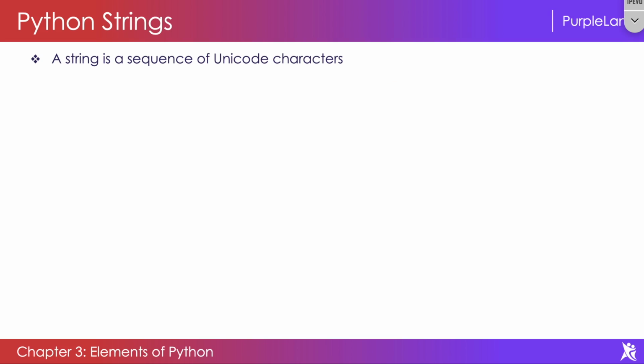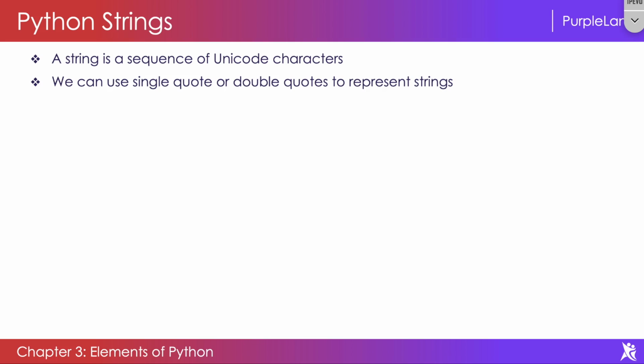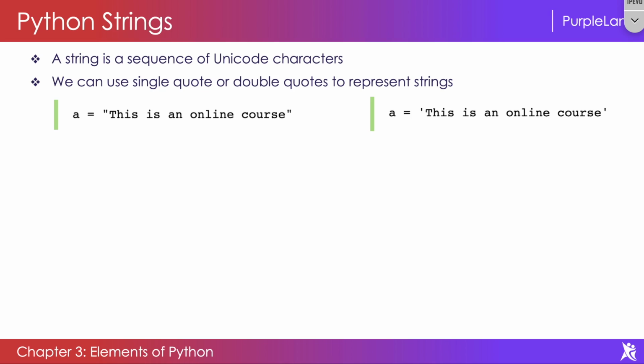We can define a string in Python by enclosing it with single quotes or double quotes. For example, here I have a variable A which is assigned with a string, This is an online course. In this case, we have enclosed this string with double quotes, right? We can also do the same thing using single quotes. You can even enclose the string with single quotes.